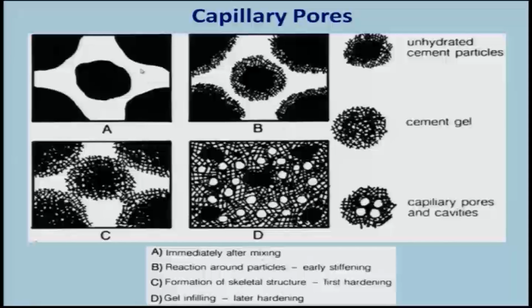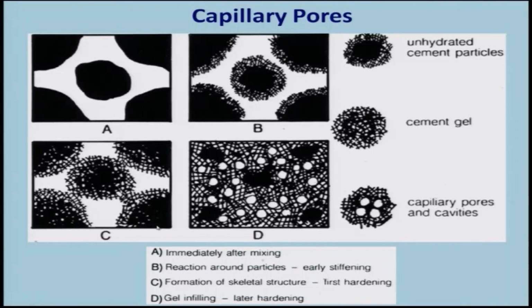The figure that is shown here contains four different parts A, B, C, D, and in the first part the whitish region is the water zone and the black region is the cement zone, and this will be the status as soon as water is added to cement. In the second part, slowly the products are getting formed, and what you see is the early stiffening stage where some ettringite crystals are formed.